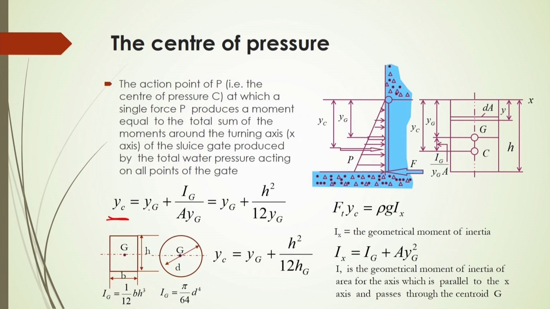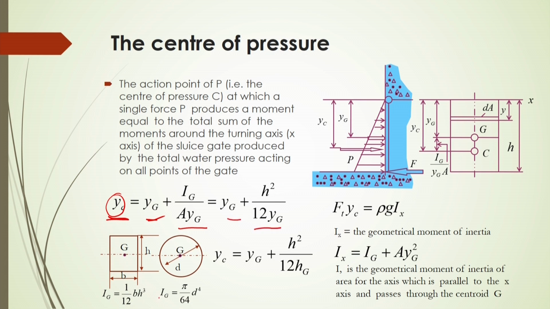The action point of P, called the center of pressure C, is where a single force P produces a moment equal to the total sum of the moments around the turning axis, that is the x axis in this case of the sluice gate, produced by the total water pressure acting on all points of the gate. So yc can be calculated as yg plus Ig by A yg, which equals yg plus h square by 12 yg.